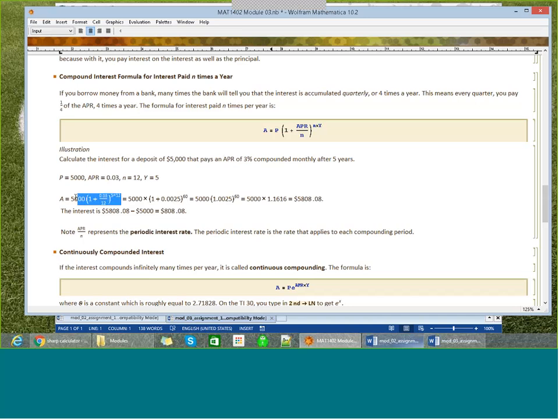So basically, you just plug it into the formula: 5,000 times 1 plus 0.03 divided by 12, raised to 5 times 12. So it's raised to the power 60, and 0.03 divided by 12 is 0.0025. Punch all that into your calculator and see if you get 5808.08.